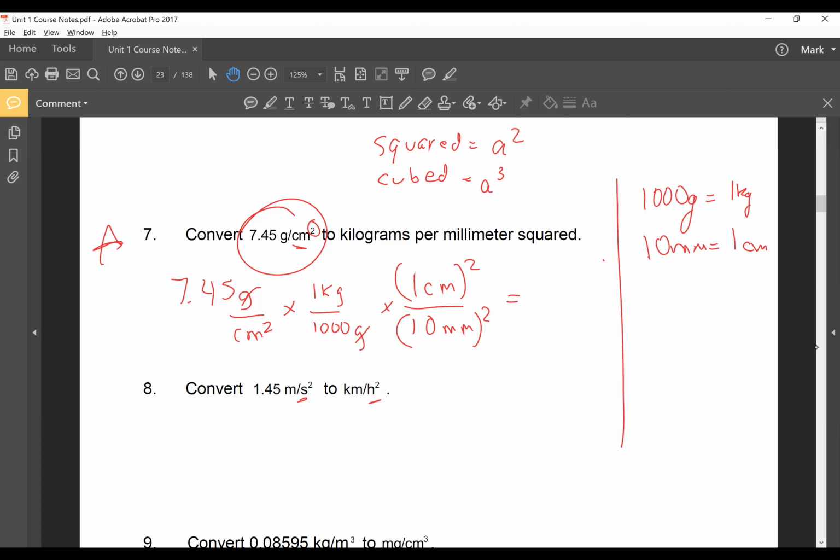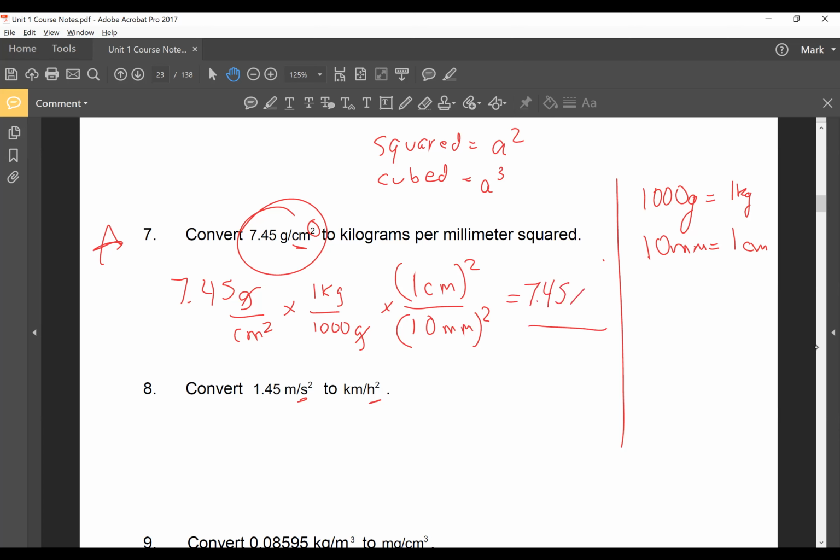Okay, so let's check out our answer, and then that's it for me. 7.45, I'm going to divide that by 1,000 to get my kilograms. And then I'm going to divide it by 10 squared, or 10 times 10, which we're going to talk more about the squared ideas tomorrow. So actually, my calculator gives me an interesting answer.